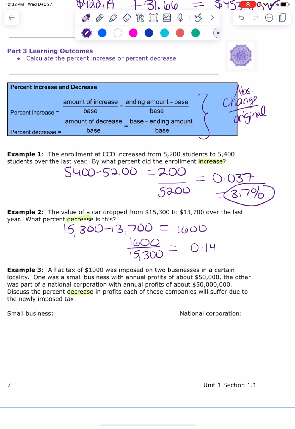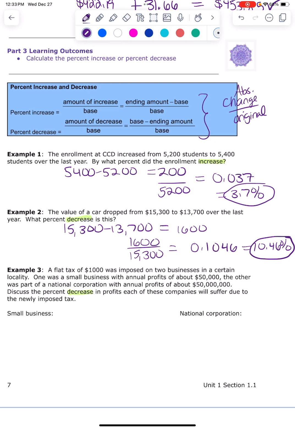I had a typo there. Let me try that again. 0.1046, which is 10.46%. So the value of the car went down by 10.46%. So both problems, all I did was subtract the 2 numbers and divide by the original. If you can remember that, you're going to be golden.